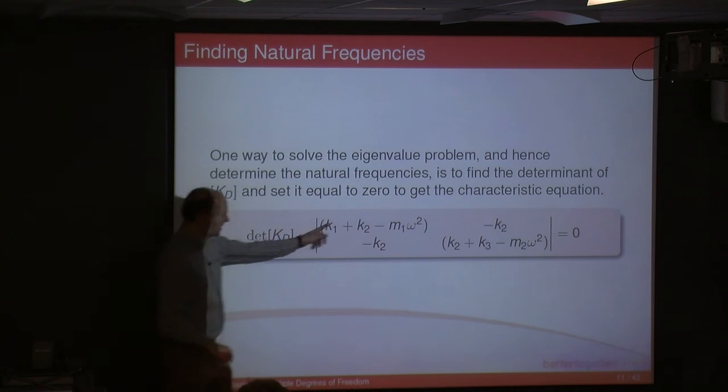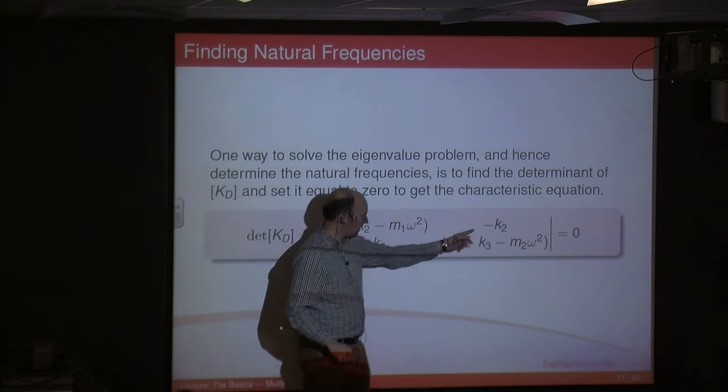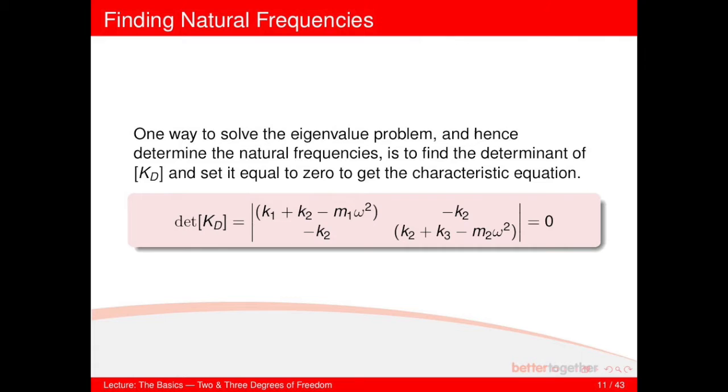So it's this times this minus this times this. On your formula sheet, at the back of your notes, on the first page, there's the solution for a 3 by 3 determinant. I'm not expecting you to remember the 3 by 3 one because it's a bit more complicated, but the determinant of a 2 by 2 you will have to remember.